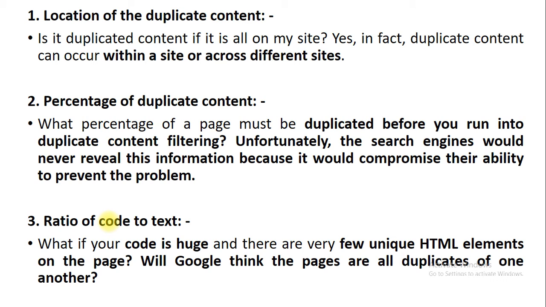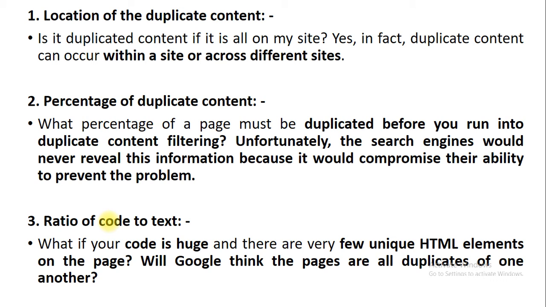Next is called percentage of duplicate content. When you copy some content, in what percentage have you copied it? Whether you have copied 30 percent of content, or your website contains 50 percent.